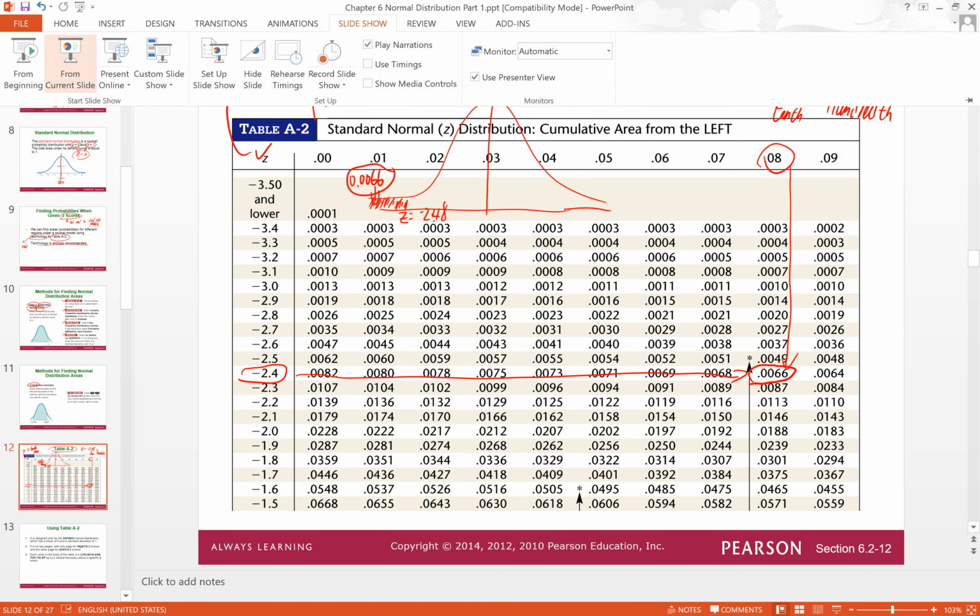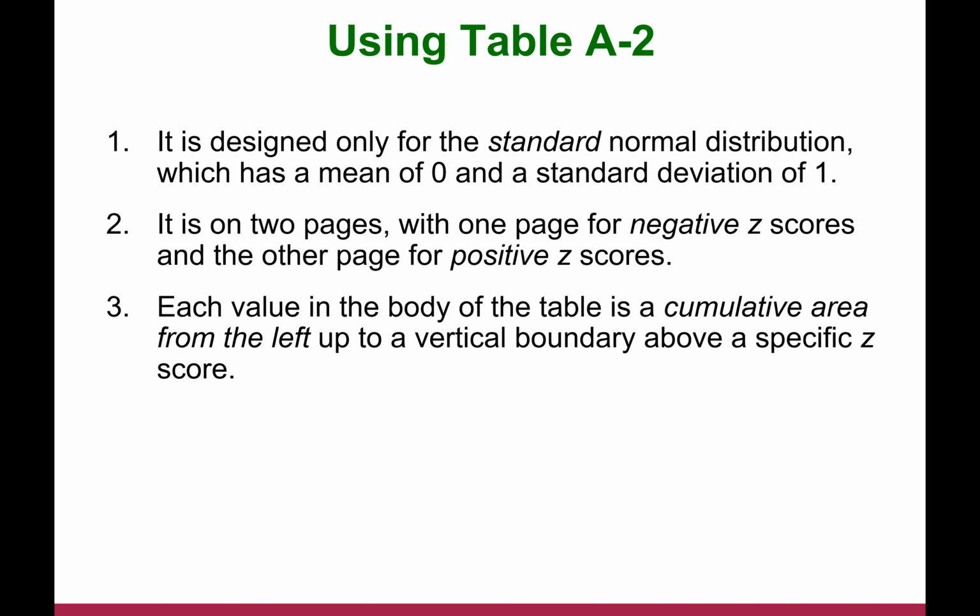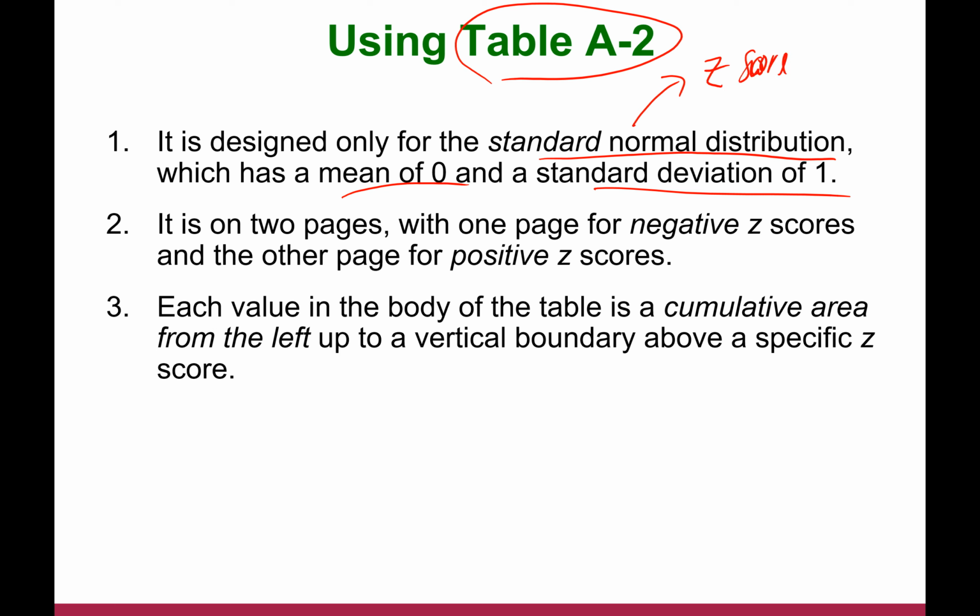Let's continue here. Table A2 is only for the standard normal distribution, mean zero, standard deviation one. Another way of saying that is you always need to standardize using a z-score to capture the probability. Only 2 pages.